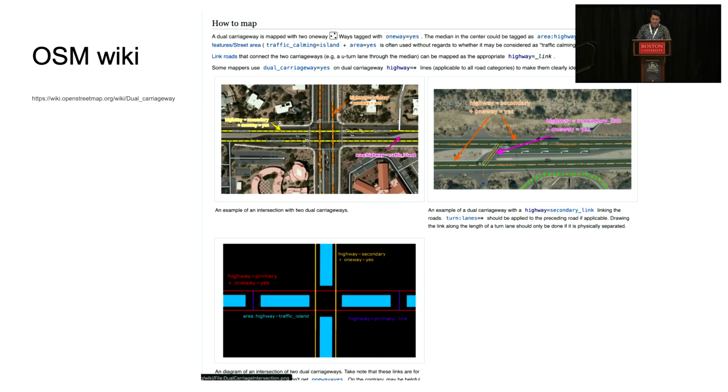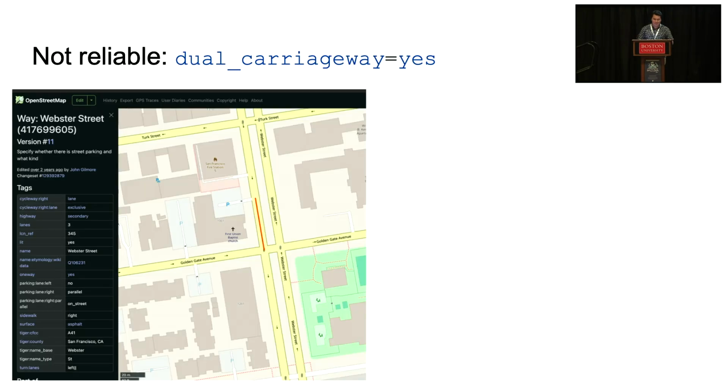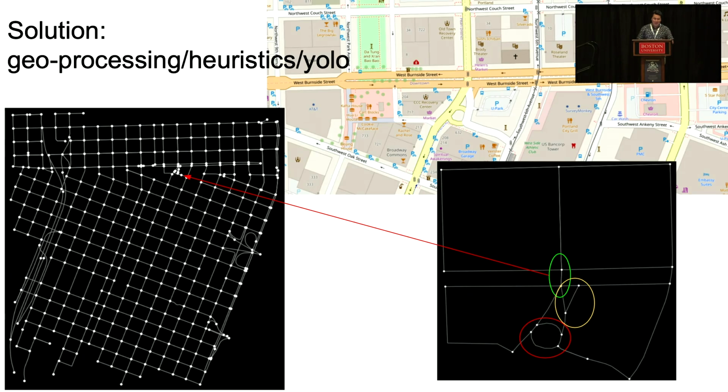Oh, and then, surely OSM has a tagging solution for this. Yes, it does. There's a tag called dual carriageways, but it's rarely used and it's not reliable. So we really do have to rely on geometric post-processing to try to flag these things. There are a variety of solutions, and I would invite people to come talk to me about others they have. But I categorize them as geoprocessing, heuristics, and YOLO.